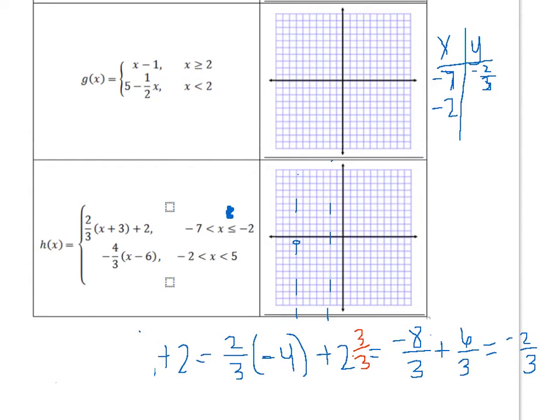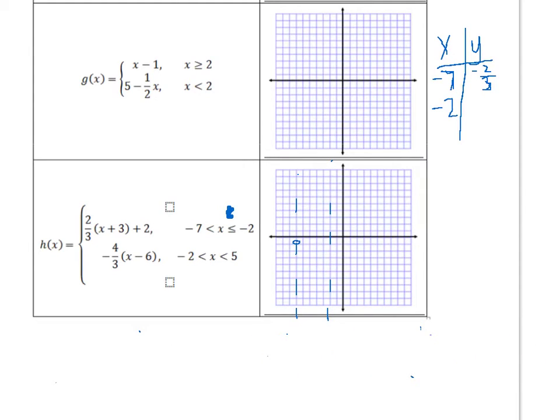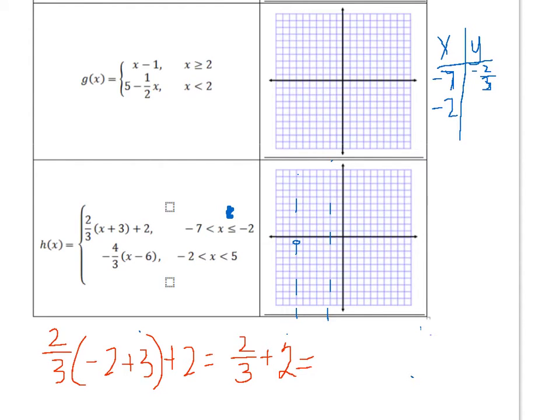If I kind of start over with this and think about -2, I've got 2/3 times (-2 plus 3) plus 2. Evaluating the parentheses first, -2 plus 3 is just +1, so that's really just going to be 2/3 plus 2. We already did the fancy one of 3/3 with the 2, and we know that that is 6/3.